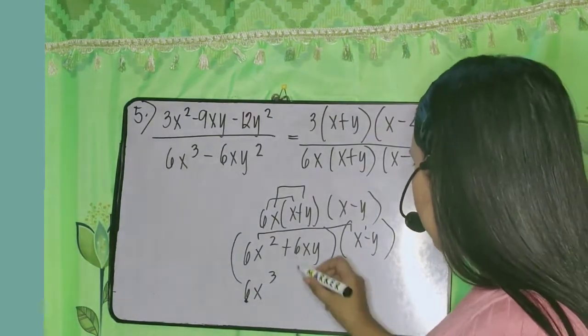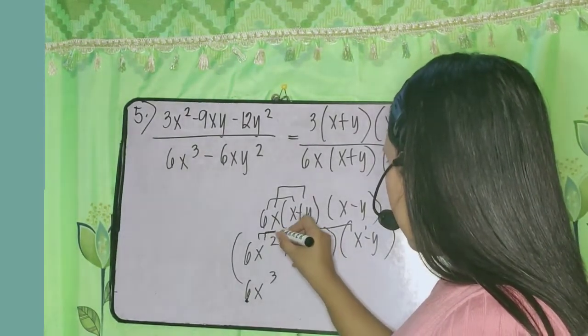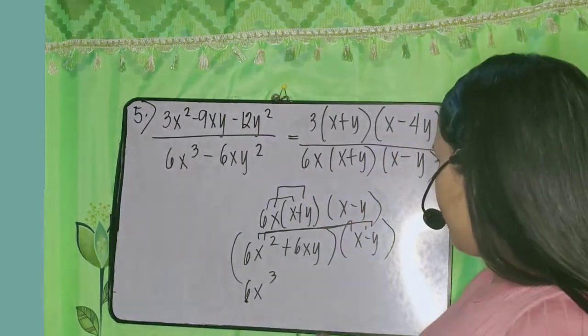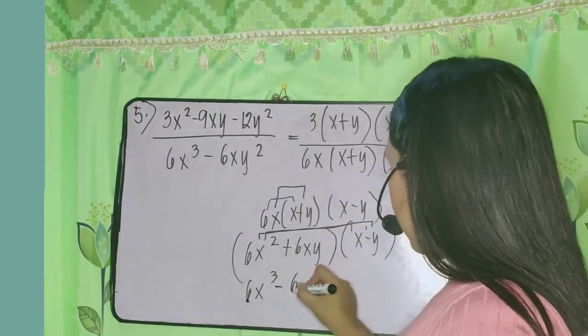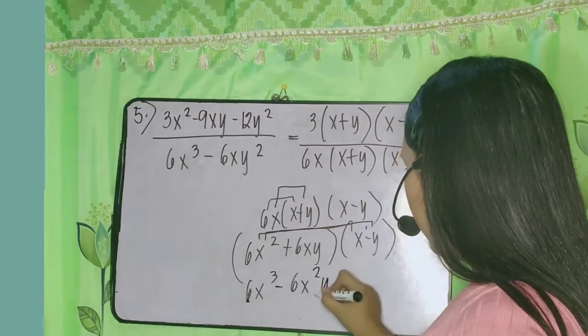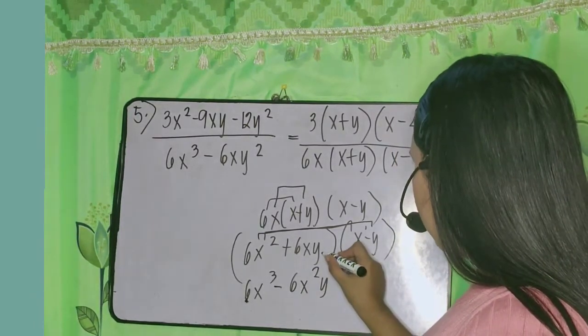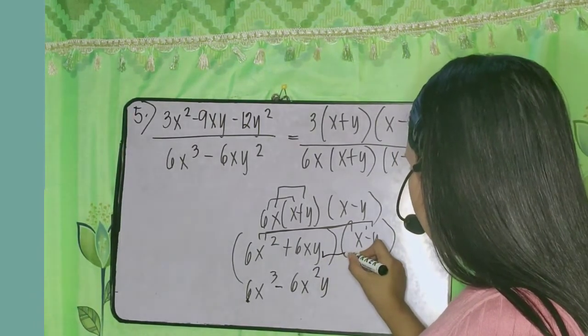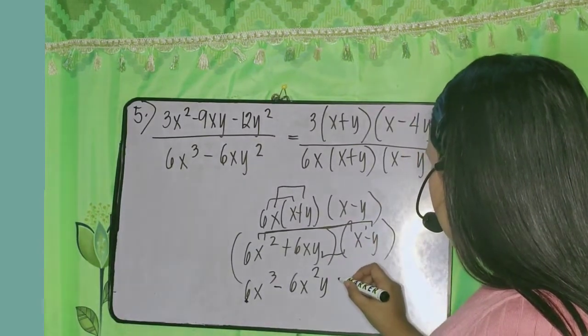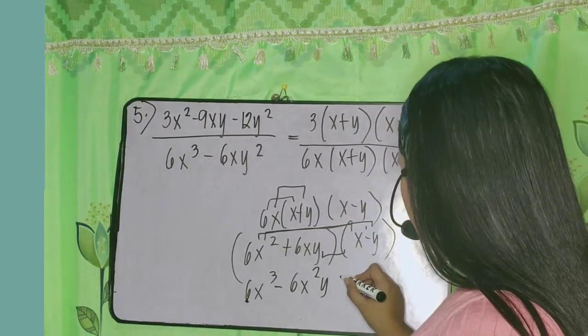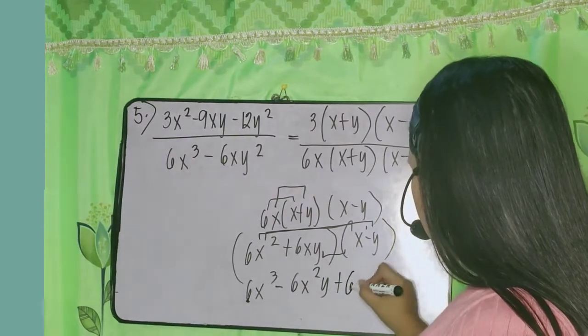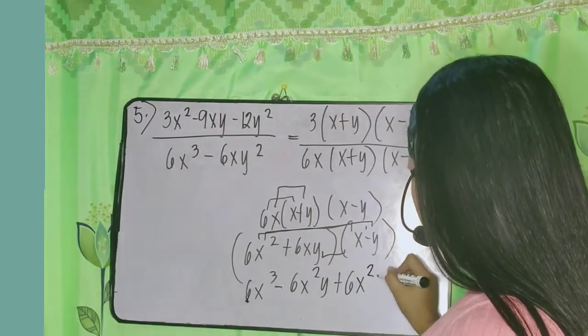Okay? So, next, we have 6x squared times negative y. So, copy na lang. So, we have negative 6x squared y. Then, yung sa loob natin, we have plus 6x squared y.